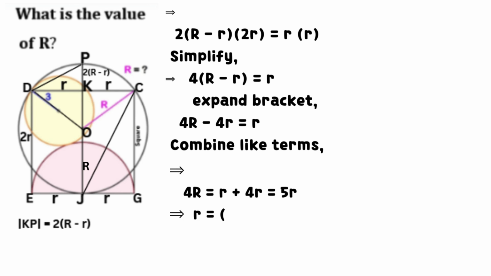This implies that 4 times r equals 5 times small r. Make small r the subject of the formula. We have that small r equals 4 times r, all divided by 5. We call it equation 1.